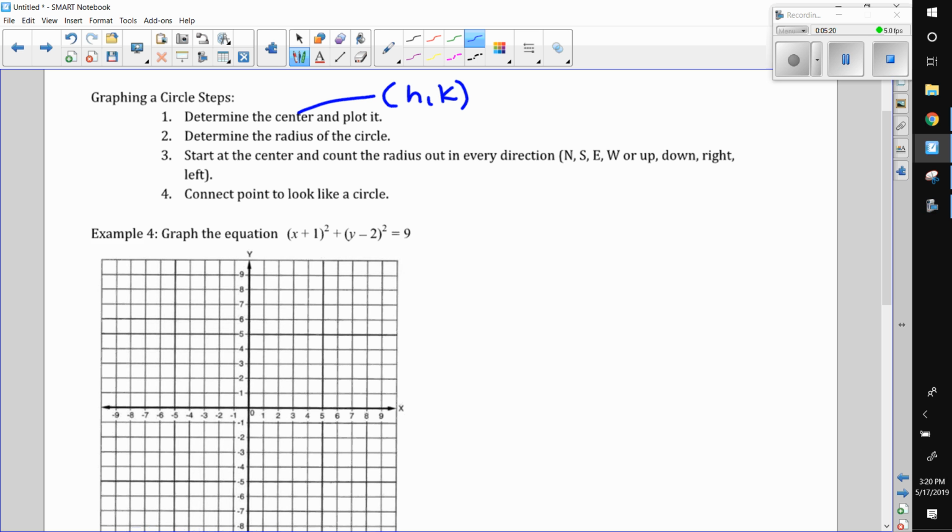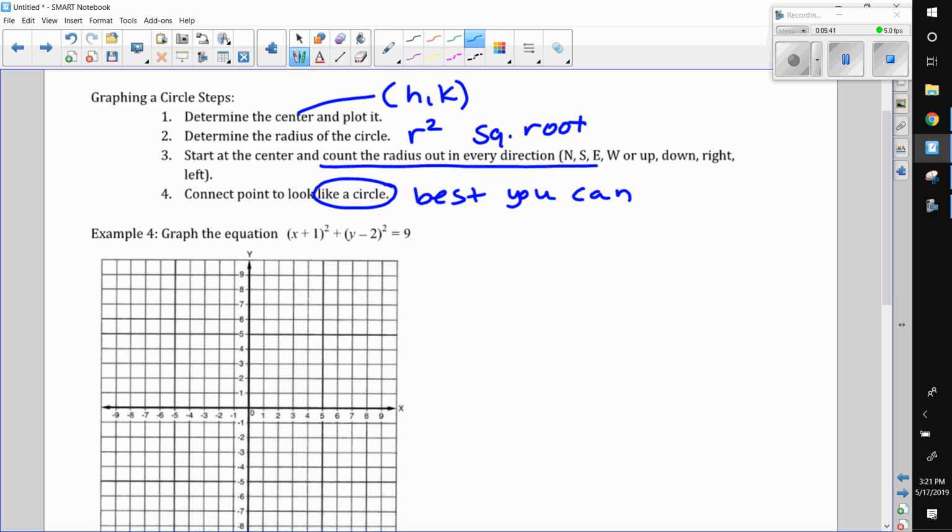Then your radius: you have r squared, so you want to take the square root from there, start at the center and count the radius out in every direction. So up, down, right, and left, and connect it to look like a circle. This is the best you can. It's not going to be perfect, and that's okay.